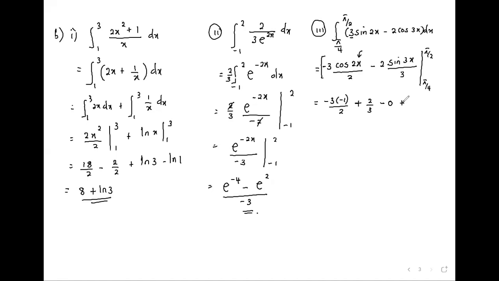That's 135. 135 subtracted from 180, we get 45. And since it's sine in the second quadrant, we have the positive value. So sine 45 there is √2 over 2. So these will cancel. And then we get 3 over 2 plus 2 over 3 plus √2.